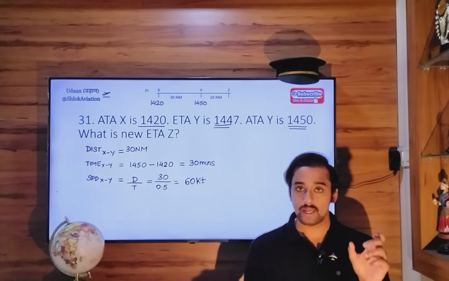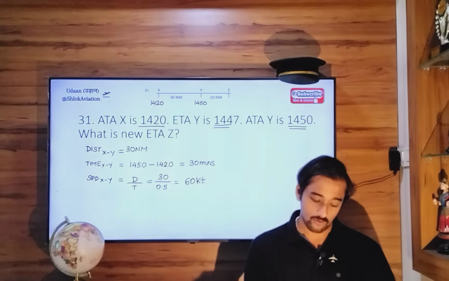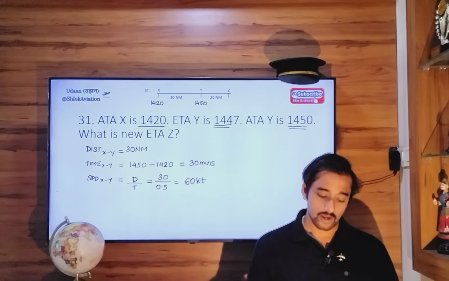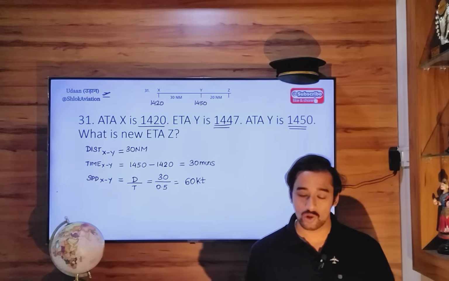Okay, so speed between X to Y is 60 knots. Now with this speed, we have to calculate time at Zulu.